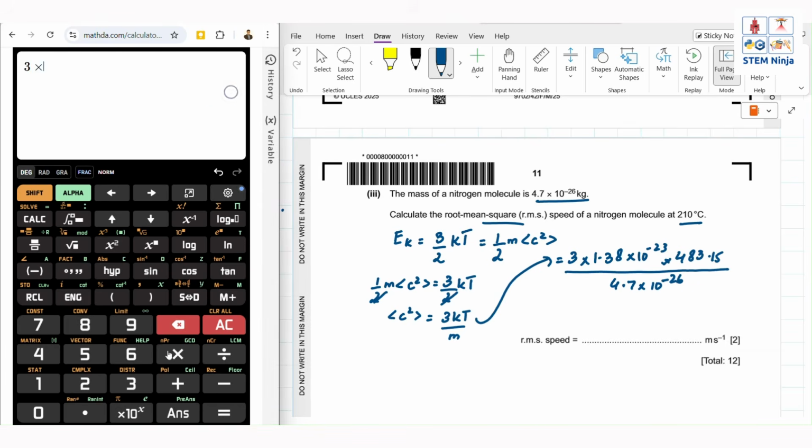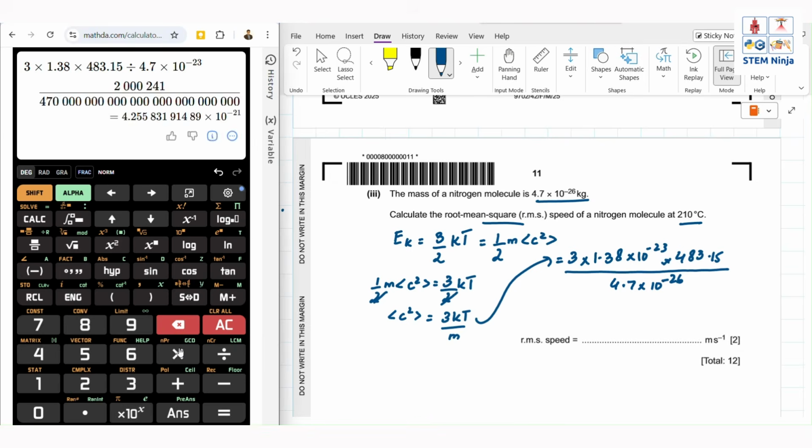So 3 times 1.38 times 483.15, and divided by 4.7, now the powers of 10, minus 23 plus 26, we get 425, this.